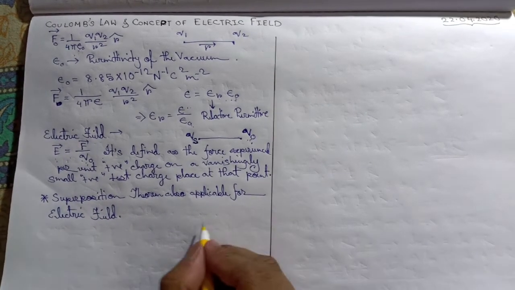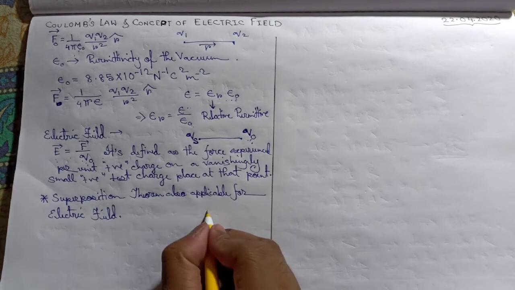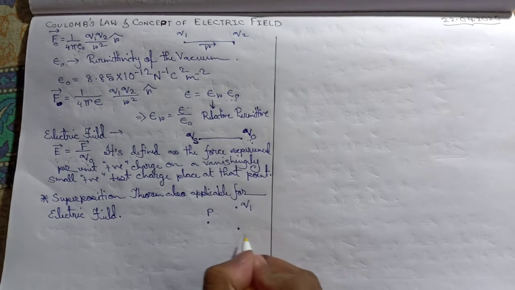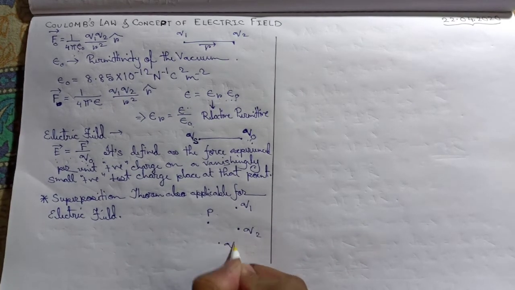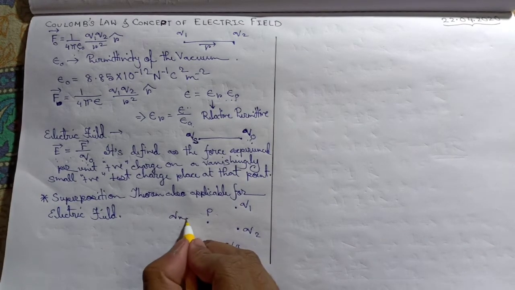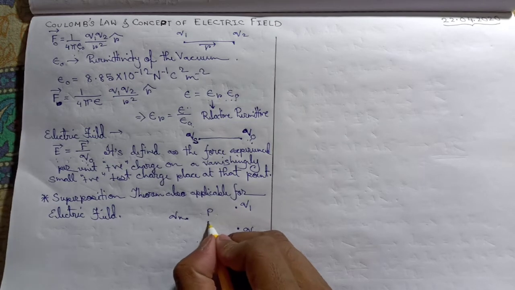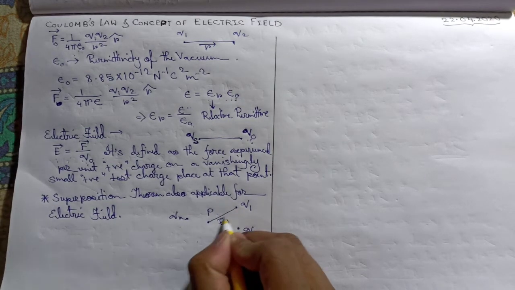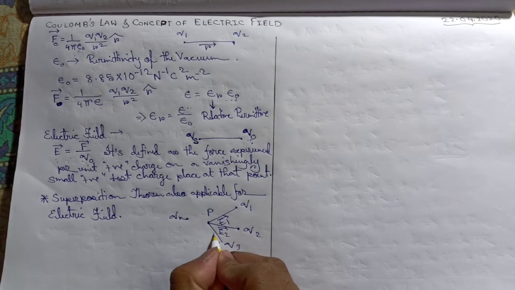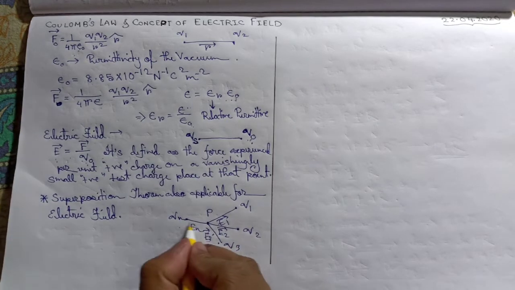So basically, if there is a point P and there are multiple charges around it, q1, q2, q3, up to qn, then individually they will create some electric field at that point P, E1, E2, E3, up to En.